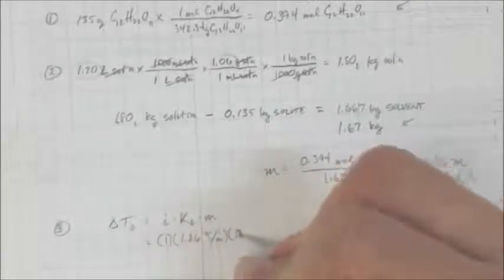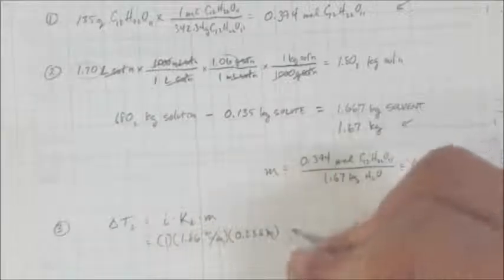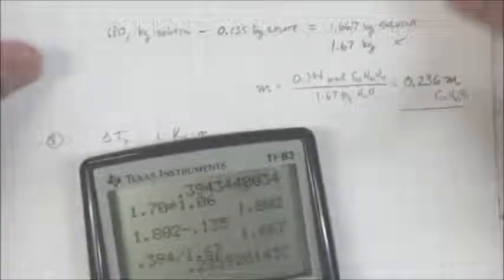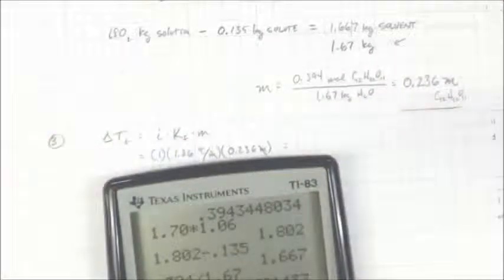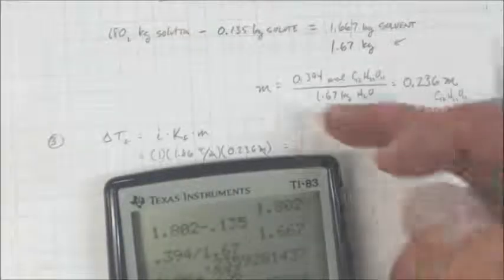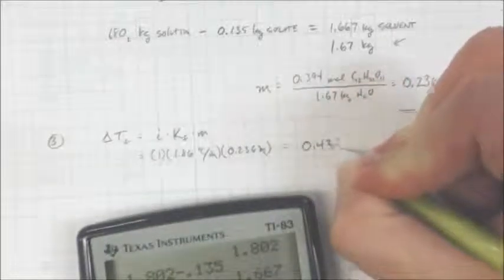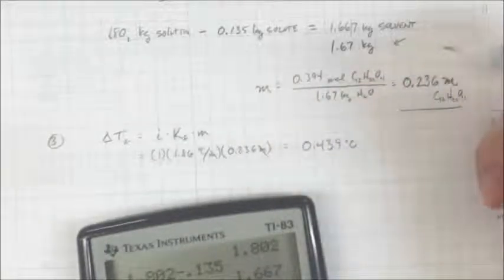And our molality, we just calculated 0.236. So notice the molal unit cancels out, and we can multiply that 1.86 times 0.236. And that's 0.439 degrees Celsius, keeping 3 sig figs.